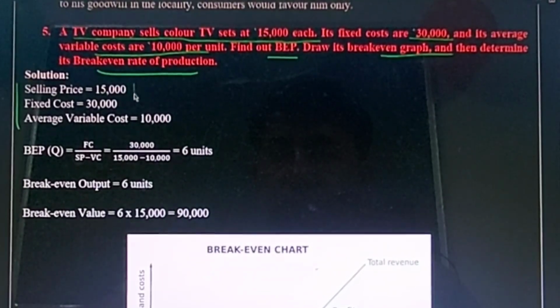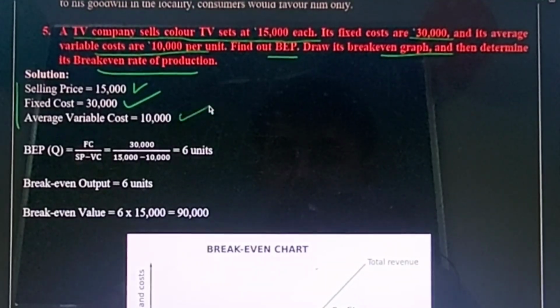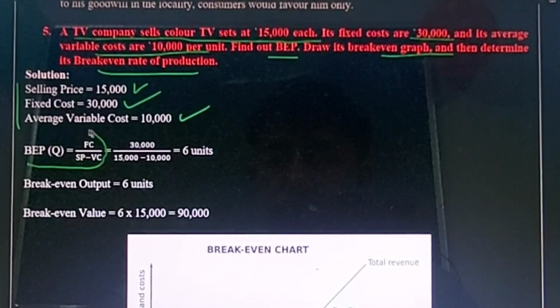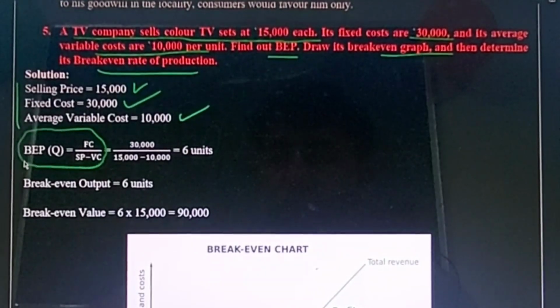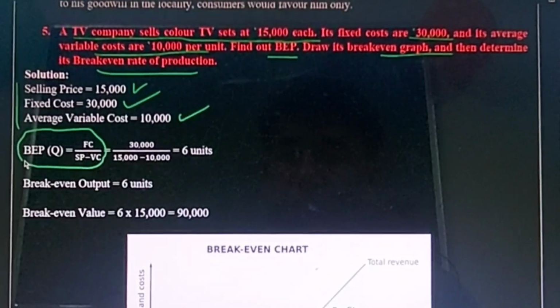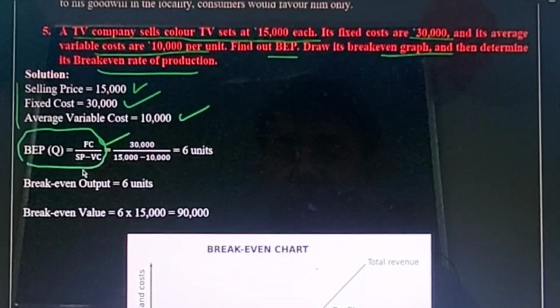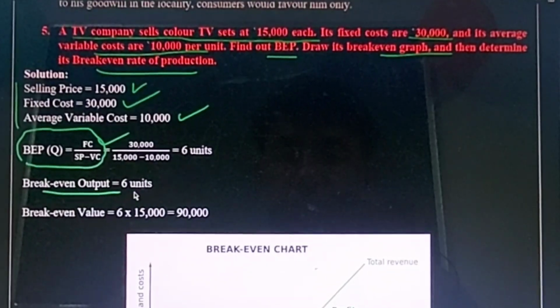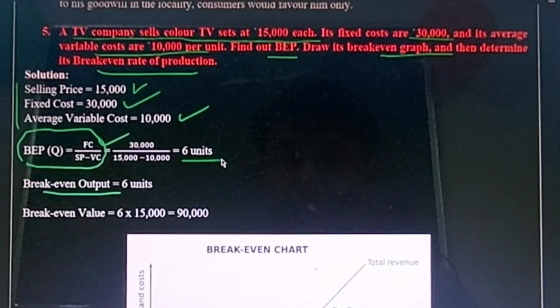Selling price is given, fixed cost is given, average variable cost is given, and you have to use this formula. Even in the previous videos I mentioned this formula of BEP: fixed cost divided by selling price minus variable cost. So that will give you BEP quantity, that is break even output. That will be 6 after calculation.